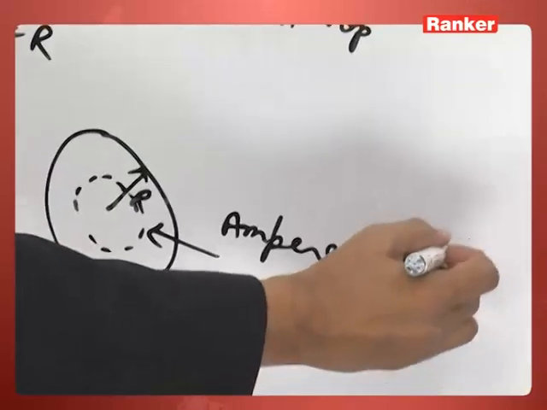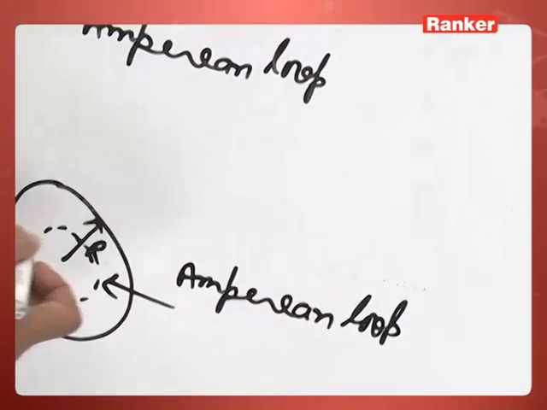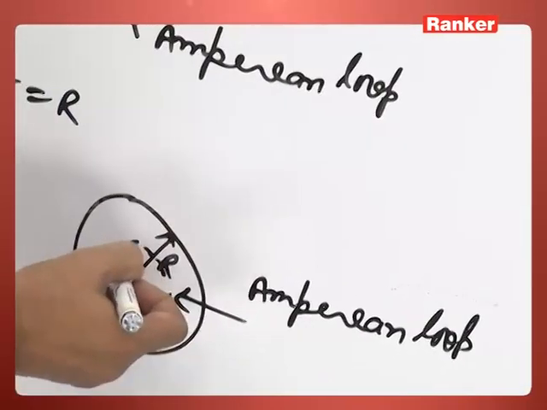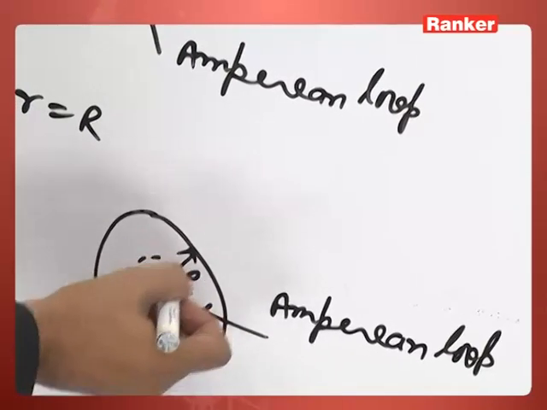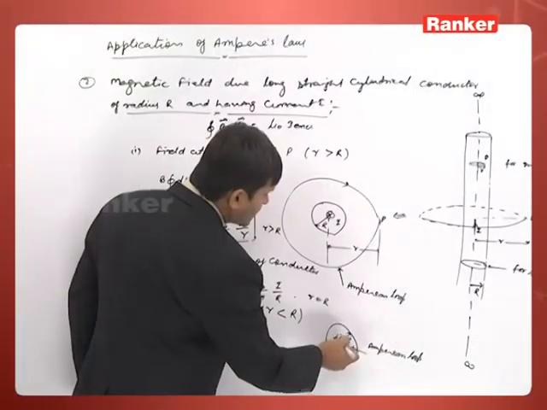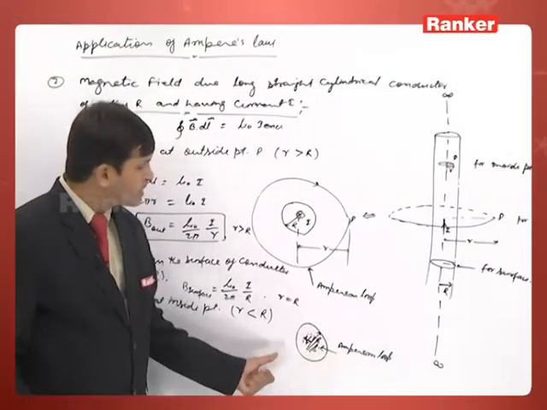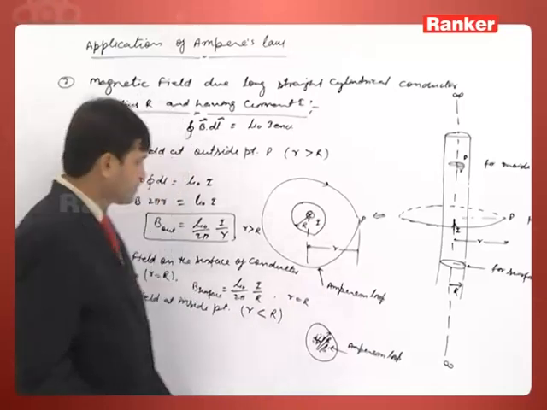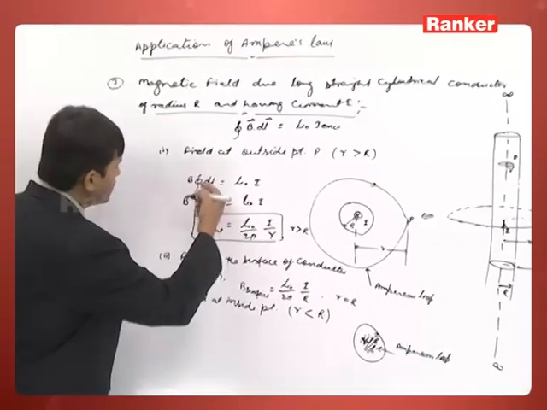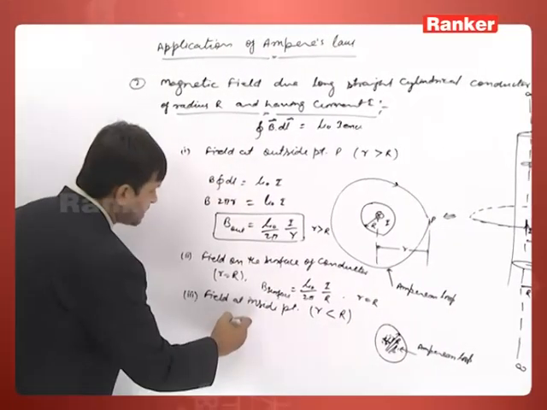If this is your Amperian loop, then whatever current is associated with this cross section area, that current only we have to consider, because that will be the enclosed current. So see how to get that value. This term will remain the same.